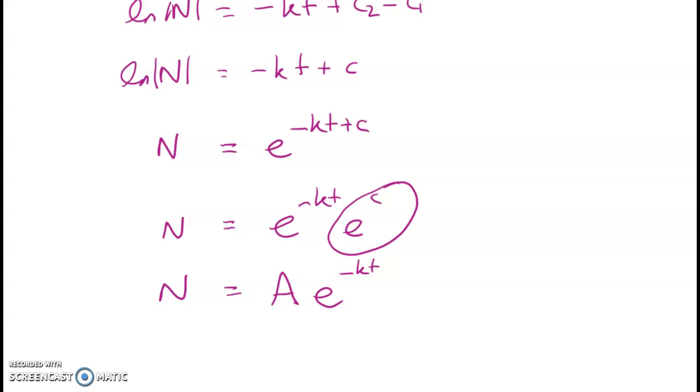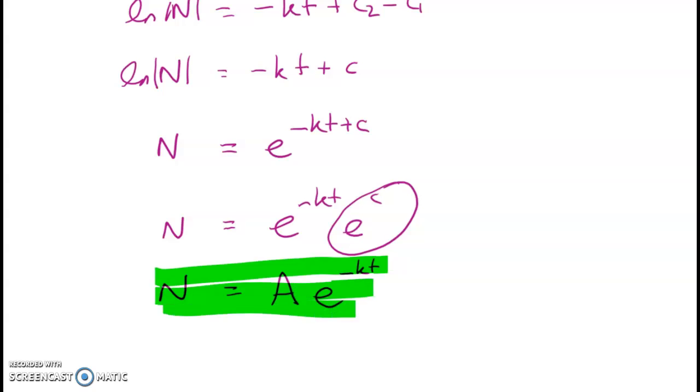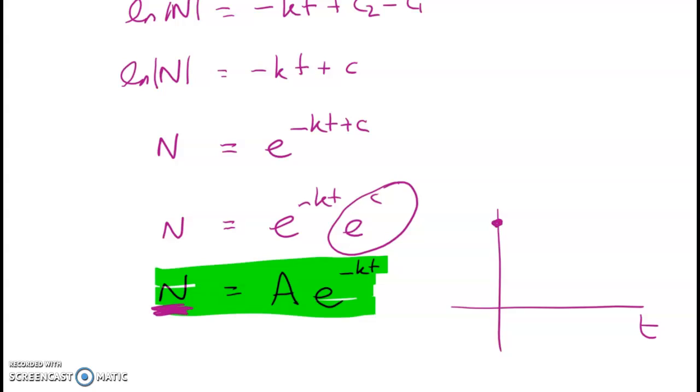So you can see in here that I've got what is called a general solution. This is giving me an equation for the amount of radium for the first time. And we can see that it's going to look like this. When t is 0, we're going to have our initial amount, and it's going to decay. So we're going to have some kind of curve that looks like that.